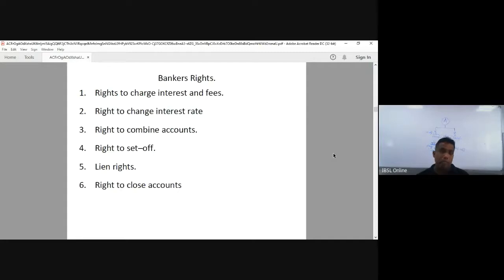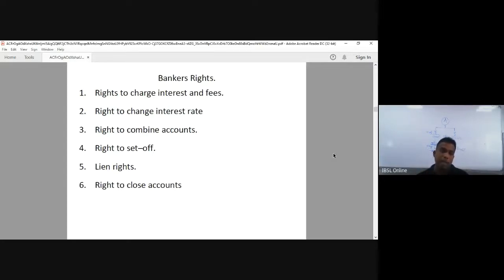But it is important to have the letter of set off, because right to set off is subject to certain qualifications, subject to conditions. Like in a combination of accounts, you can set off the customer's account if one customer maintains more than one account in the same bank, but in the same capacity.